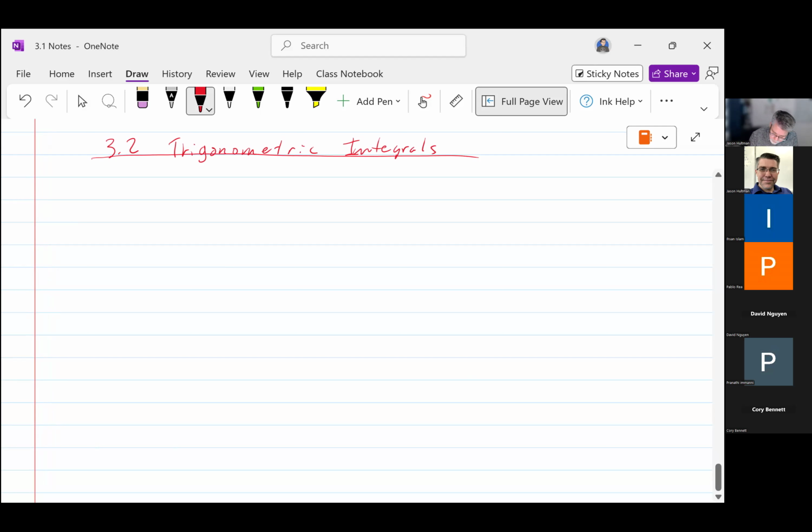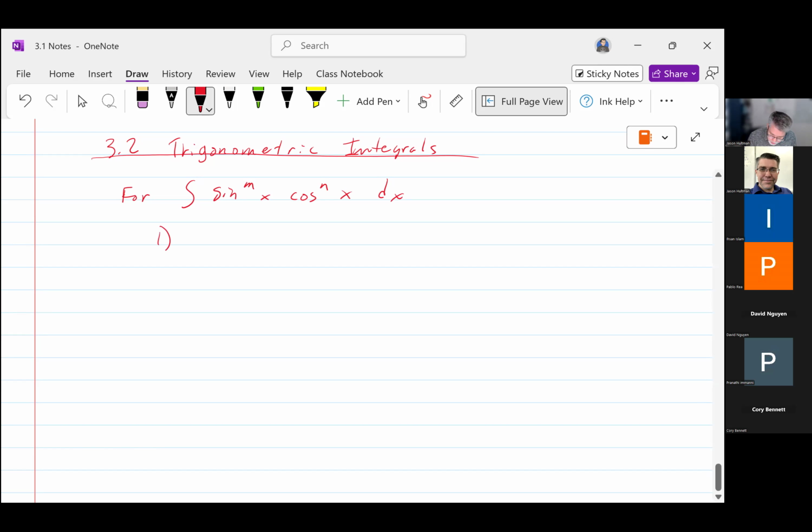For the integral of sine to the nth power of x times cosine to the nth power of x dx, if we have powers of sines and cosines at play in our integration, we're going to tackle these using some rules here.